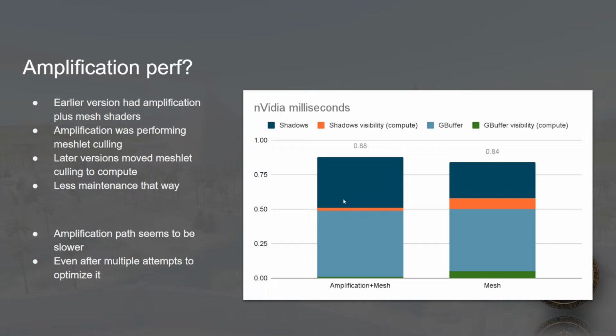But it turns out that the amplification version was faster, and after multiple attempts to optimize the compute version, it still remained slower. Yeah, this is on NVIDIA, and we also have recently a few more numbers on AMD, where the amplification shaders are not as performant as we expected them to be.